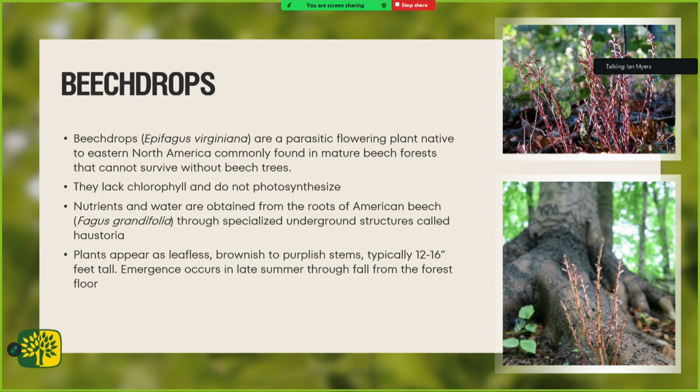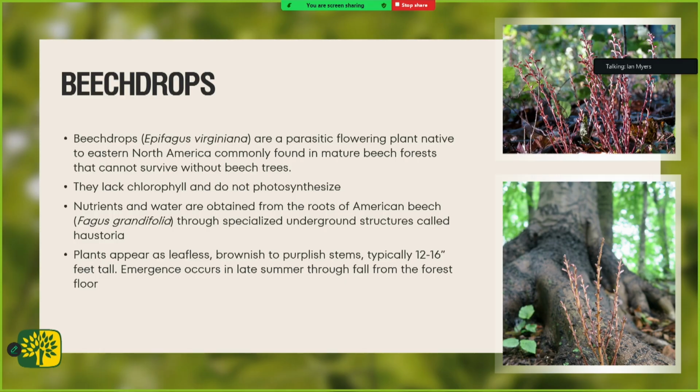It's just a little sidebar. There's a relationship between this plant and beech trees called beech drops. Sometimes they can be misidentified as root suckers coming off the root plate of a beech tree. They only will grow on and under beech trees. And basically, it's a parasitic plant. It lacks chlorophyll, doesn't photosynthesize, but it grows from previous year's seeds.